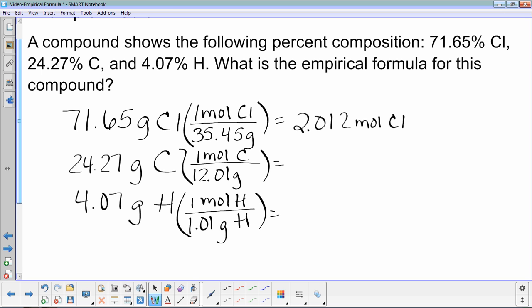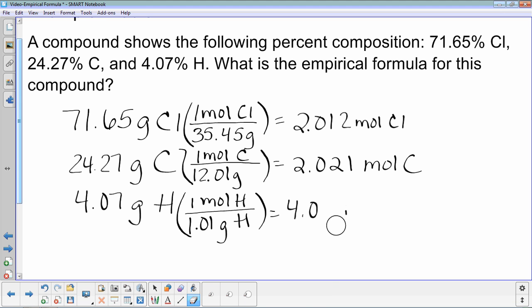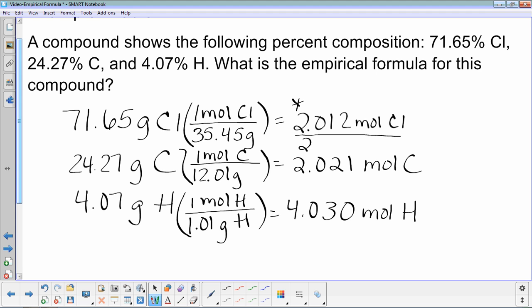I have 24.27 divided by 12.01, and I'm going to get 2.021 mole of C. And 4.07 divided by 1.01 is 4.0297, which actually rounds to 4.030 moles of hydrogen. My smallest number is chlorine, so I'm going to divide each one by that number.